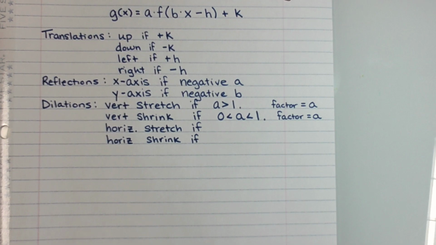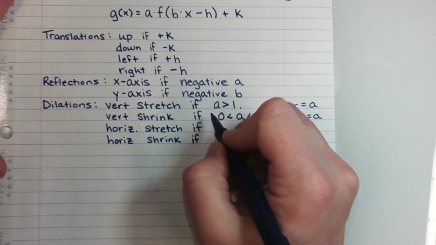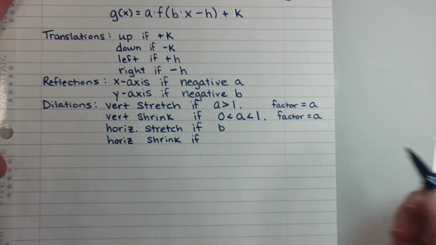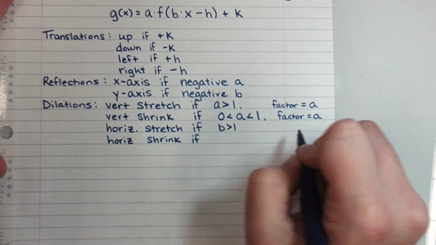Now, technically, you do still need to know if it's vertical or horizontal based on its location. That's still a piece that I agree with the book on. I just find it harder to describe it by calling it A, but just don't be shocked if you look at the book to try to make sense of something and it refers to it as A. It is a horizontal stretch, and I called it B, if B is bigger than 1.